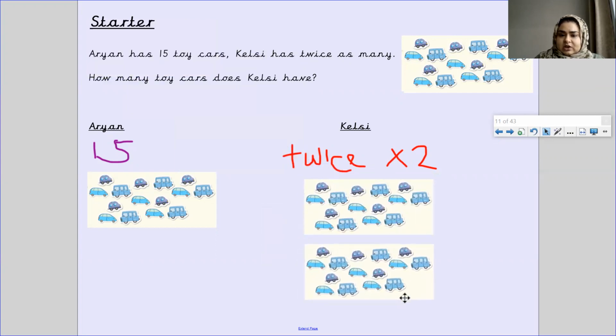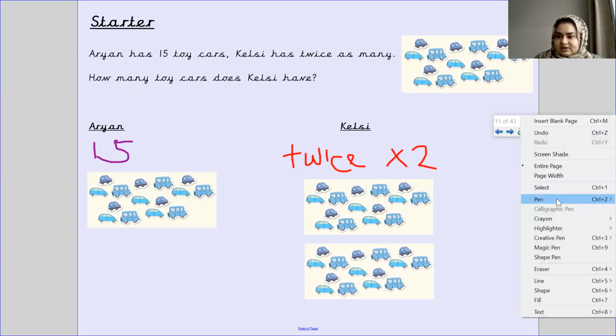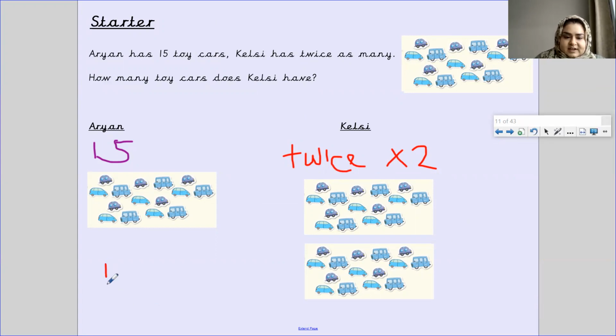Now, what do you think your number sentence would be? Fantastic. So your number sentence would be 15 times 2, because we are working out how many toy cars Kelsey has. Kelsey has twice as many, which means she has 15 times 2.